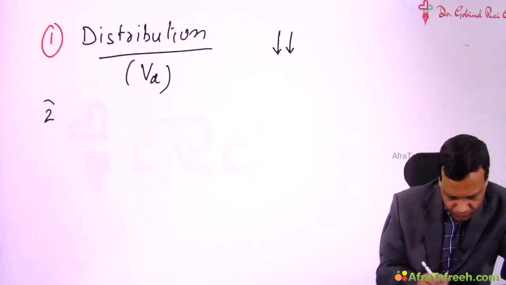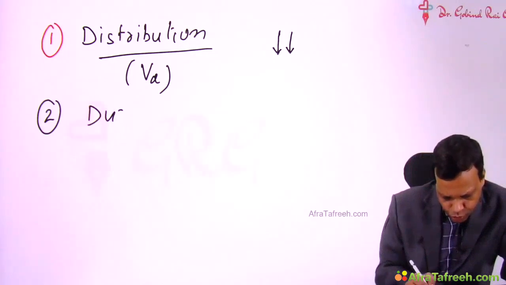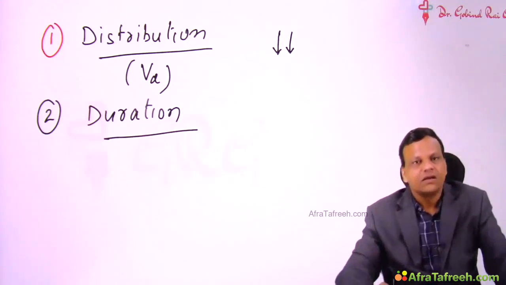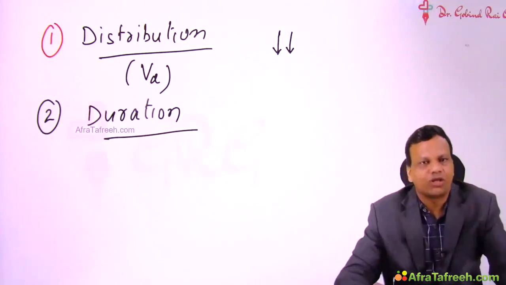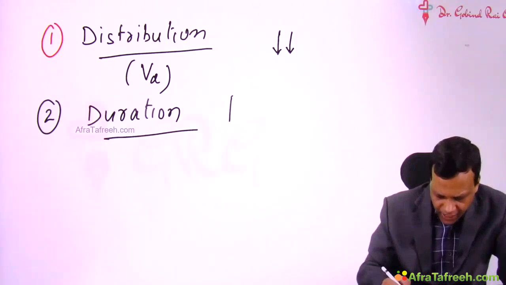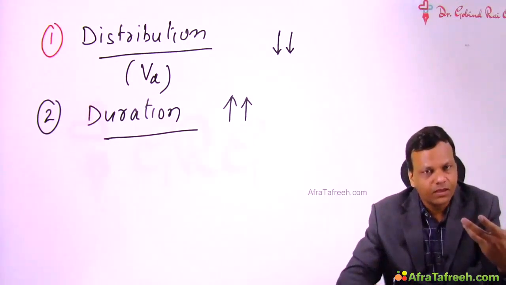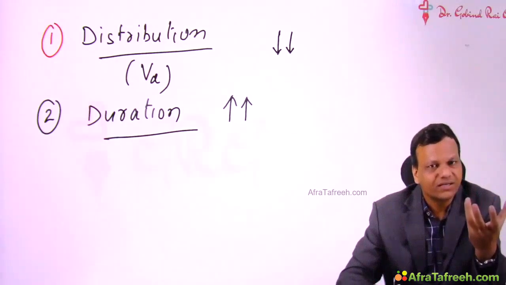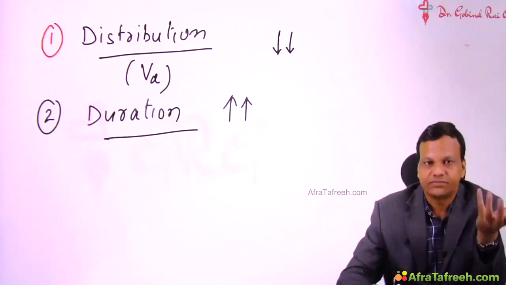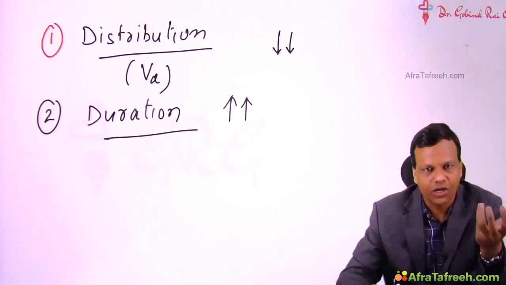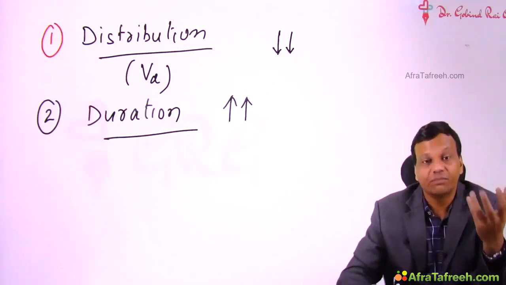Second, again this is not a rule, it depends upon many factors, but if a drug has high plasma protein binding, usually the duration of action of the drug is more. The reason is, the plasma protein bound drug serves as a storage site. Suppose we have given 1000 molecules, and the drug has 99% binding.